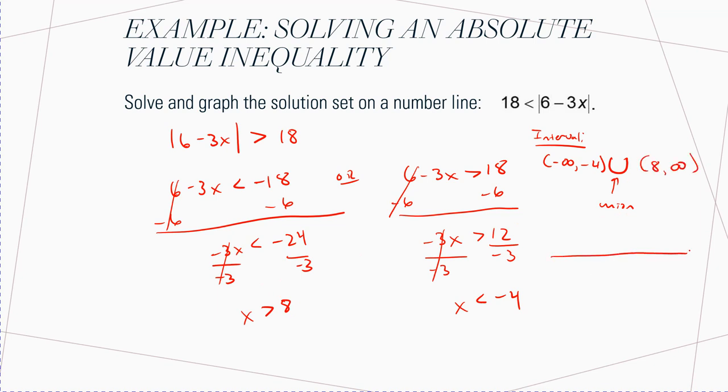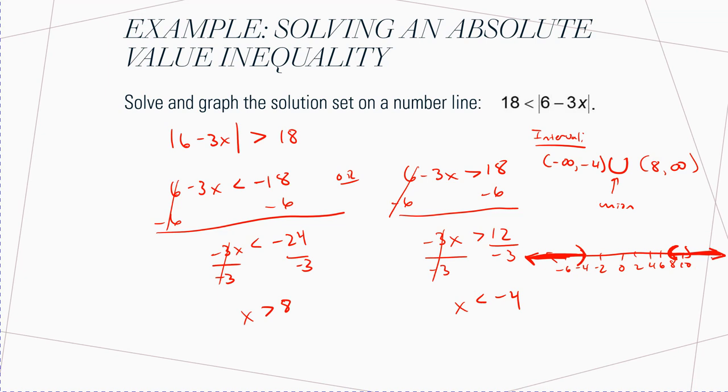And then on a number line, I'm just going to go by 2's. It'd be negative 4, everything this way, and then 8, and then everything this way.